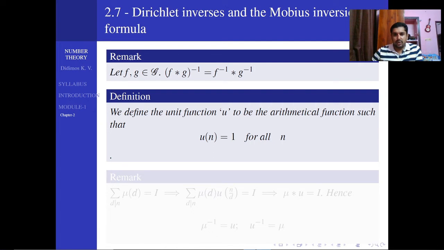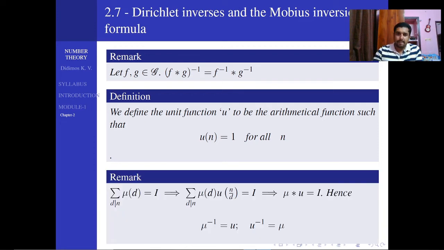Next, we will see an important function. This is denoted by u of n equal to 1 for all positive integers n. Now we recall the divisor sum formula for mu of d. We have sigma over d dividing n of mu of d is equal to I. That implies sigma over d dividing n of mu of d times u of n by d is equal to I, because u of n by d is always 1.